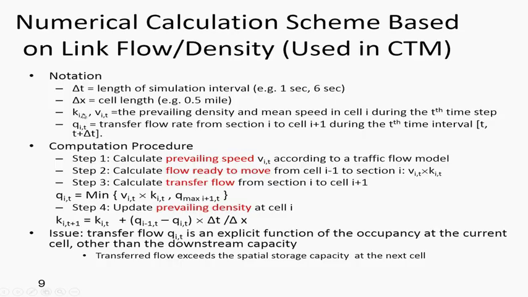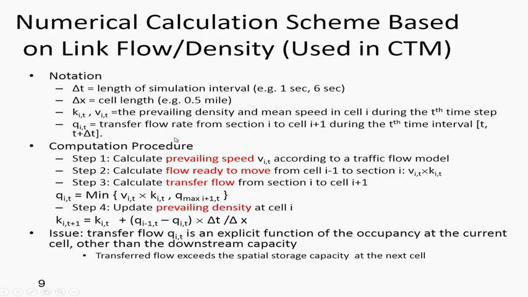In our representation, we use the link directly from the physical representation from our planning model. Then we need to calculate the density K at each link, and the speed at each link at each delta t. Further on, we need to calculate the flow, being the transfer flow rate from one section to the other section.